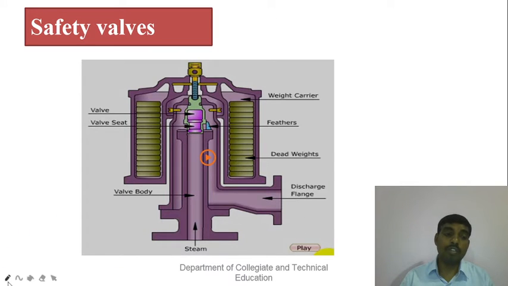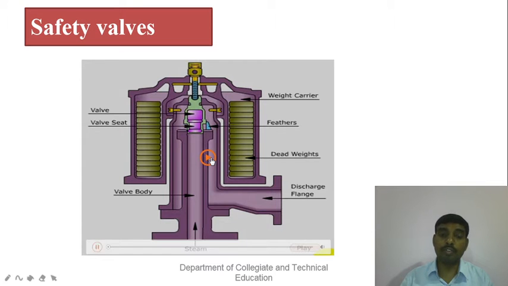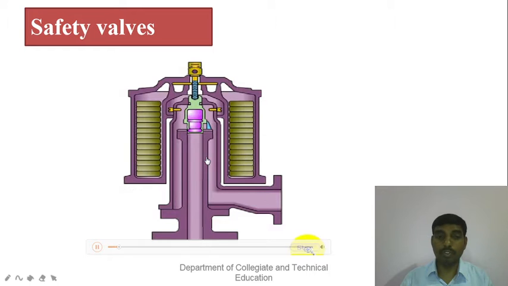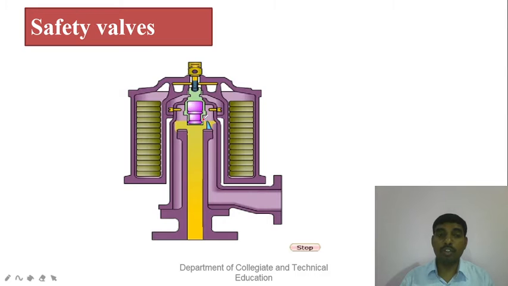Let's take a glance at how the dead weight safety valve works. Here you see the steam pressure inside flowing into the tube. Due to the pressure, the valve is lifted up.